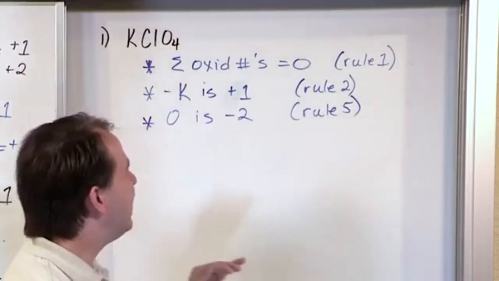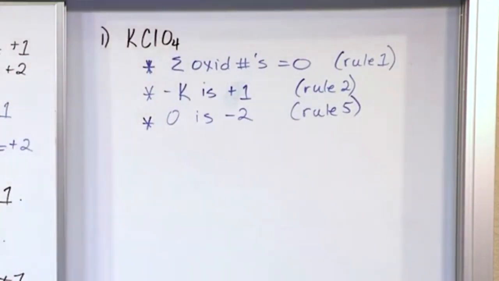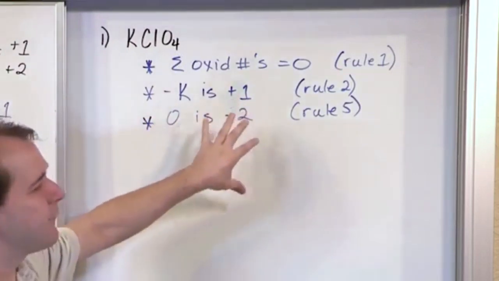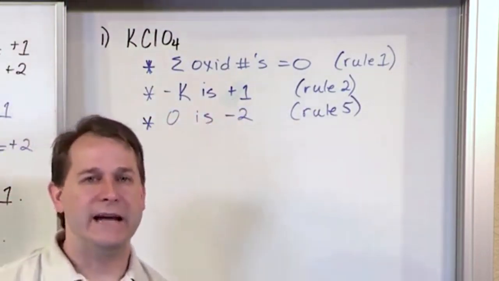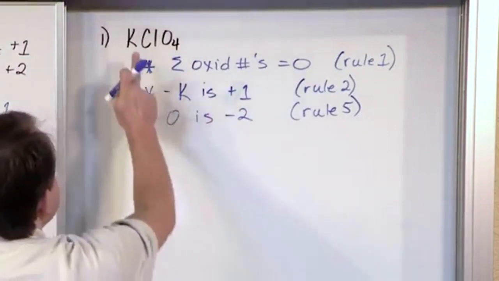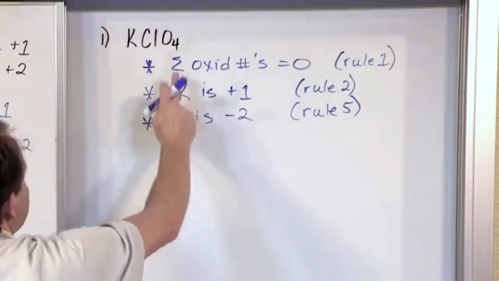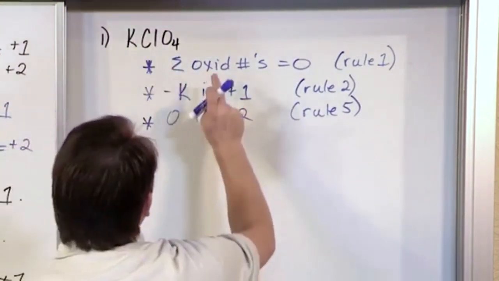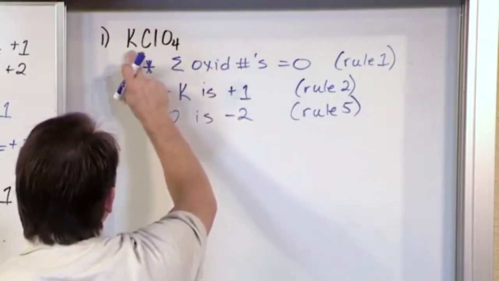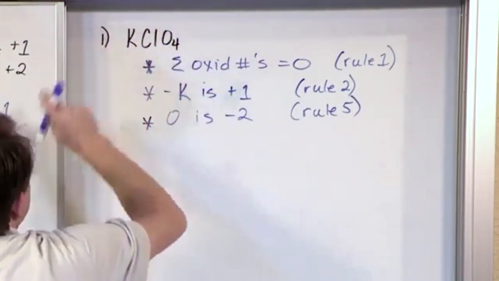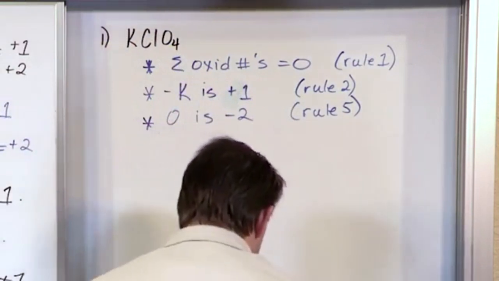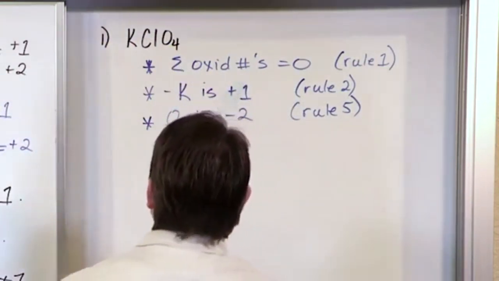Because, believe it or not, even without going to the bottom of this list, I actually have enough information here to find the answer. The reason is that I know what potassium is, I know what oxygen is, and I know that the sum of all of these oxidation numbers in this compound has to be equal to 0. That is critical, crucial information.